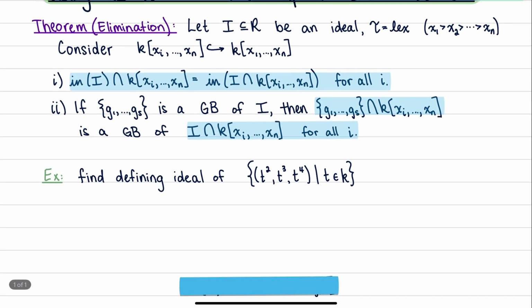So what we want to do is find the defining ideal of these points in affine 3 space.